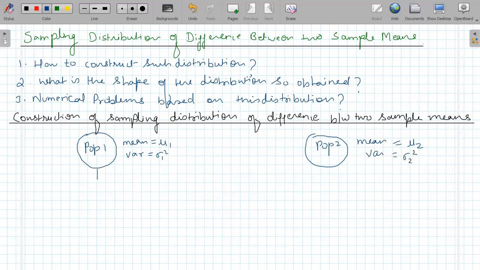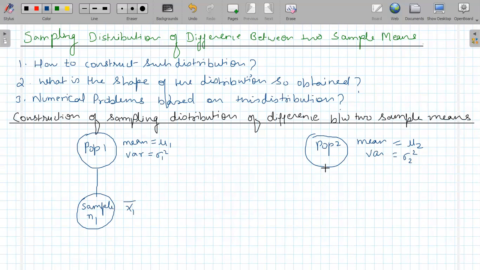Suppose we have drawn a sample of size n1 from this population, and x1 bar is the mean of the sample.